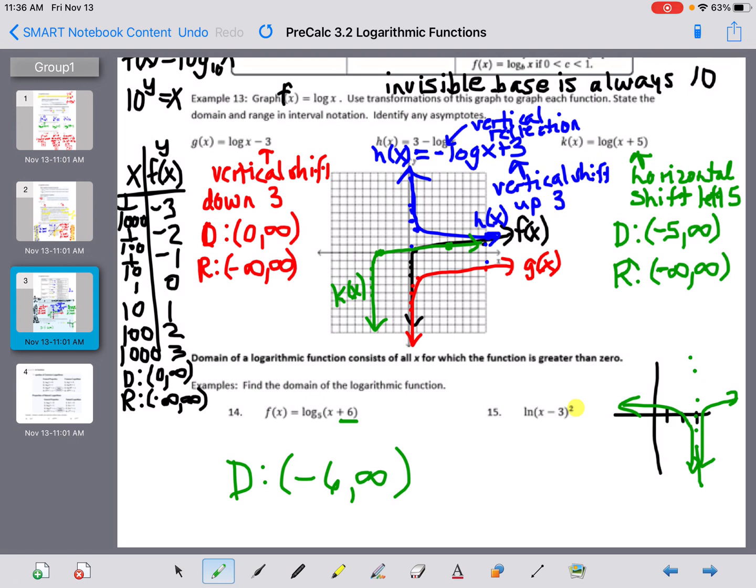Okay, I do need to say something else. That doesn't say log. It says ln. Again, not a typo. We're getting into it on the next page. Log is with our numbers, base 10, base 5, base 7, whatever it is, okay? We can do decimals, don't worry about that.